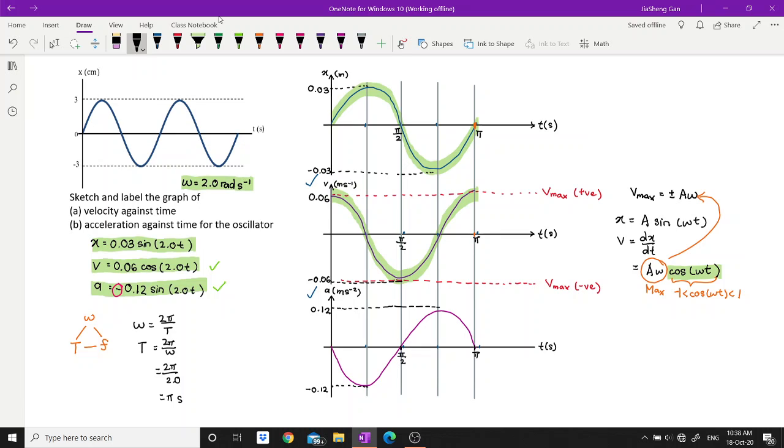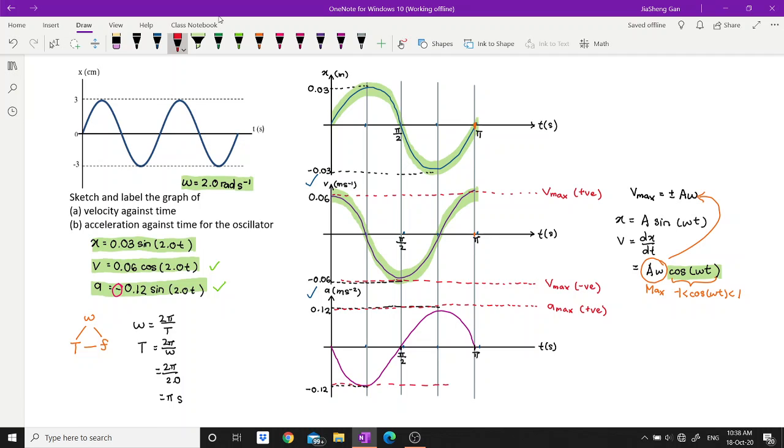Okay, so if we do a bit of the same explanation like just now, this line here represents the maximum acceleration that this SHM can achieve. We call this the A max in the positive sign.